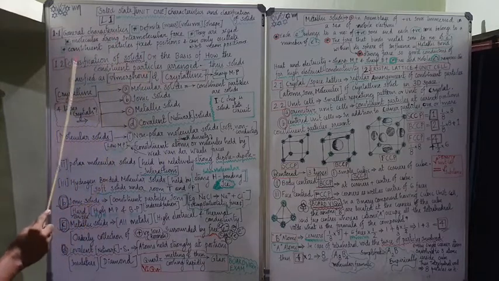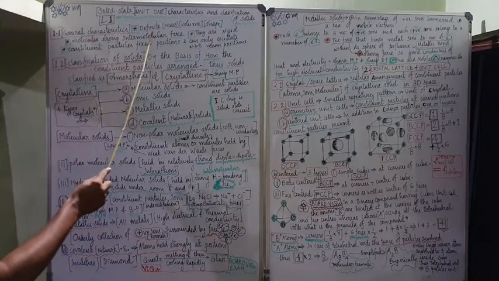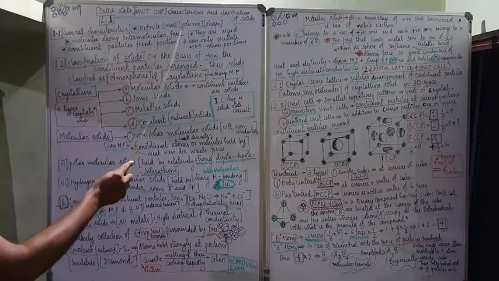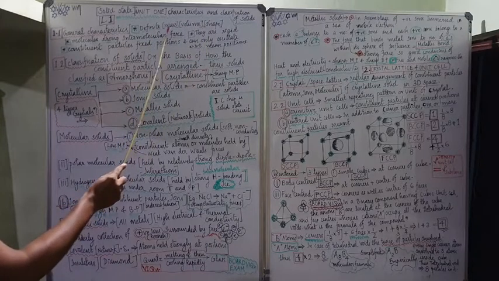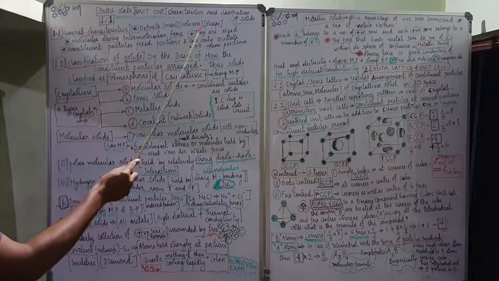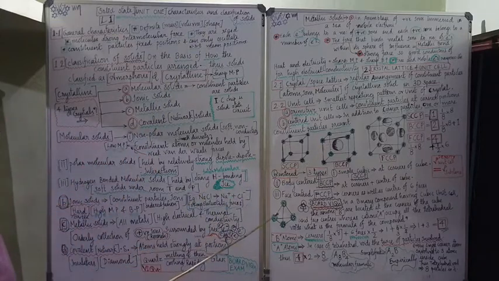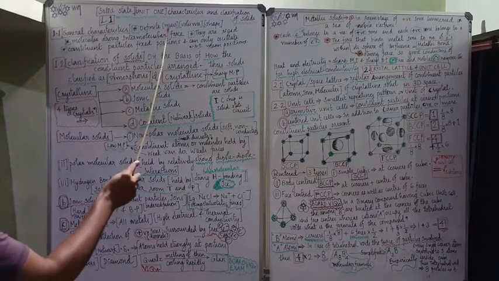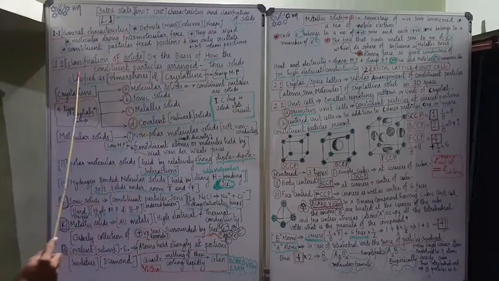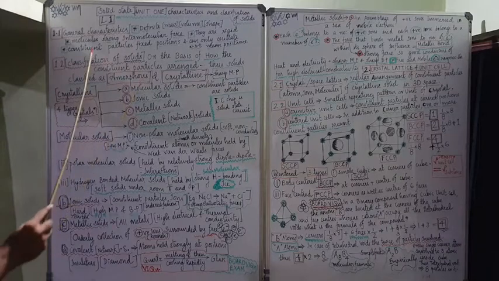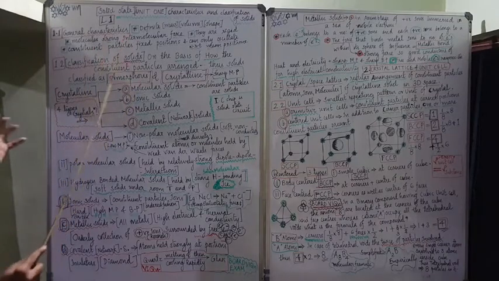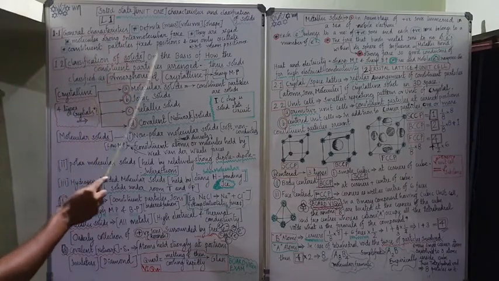just write the general characteristics of the solids: they have a definite mass, volume, and shape. Mass means kilogram, volume means meter cube, and a shape. Solid has a certain shape, like tetrahedron shape, cubic shape, everything. And then comes the strong intermolecular forces.